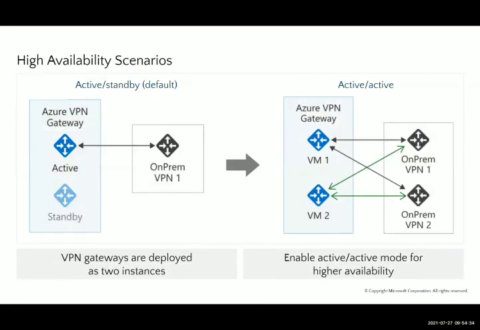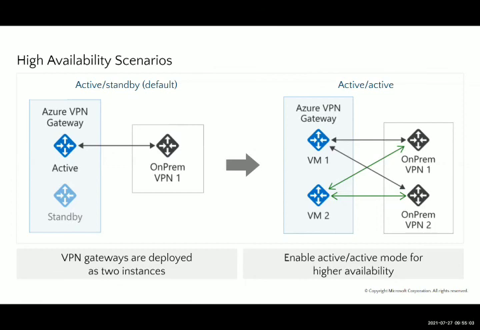For high availability there are two options: active-passive, or standby, and active-active. In active-passive, your VPN gateway has two instances.